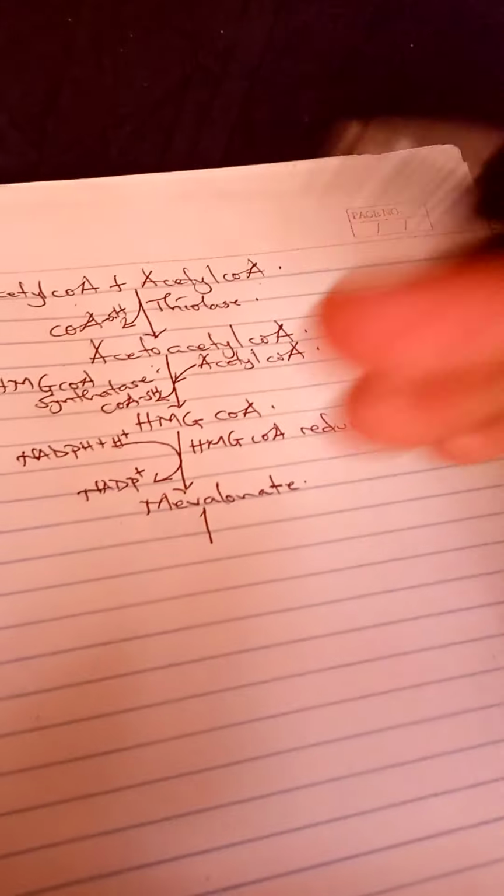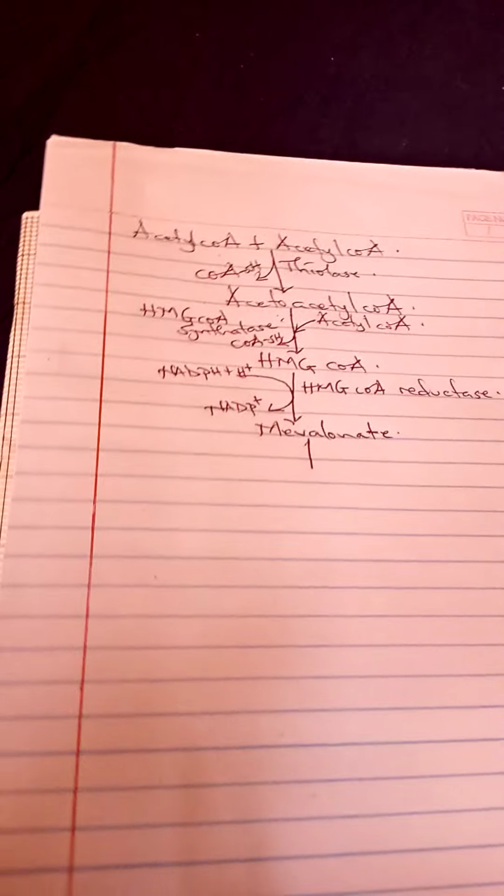So if you want to regulate or control cholesterol synthesis, you have to regulate the enzyme HMG-CoA reductase. Now from mevalonate to form cholesterol, there are so many steps, and these steps are always compressed.